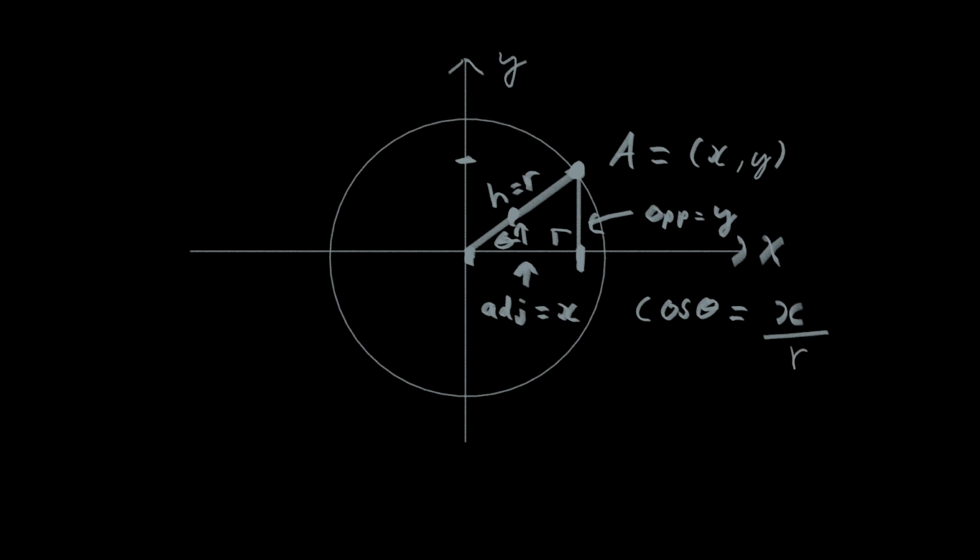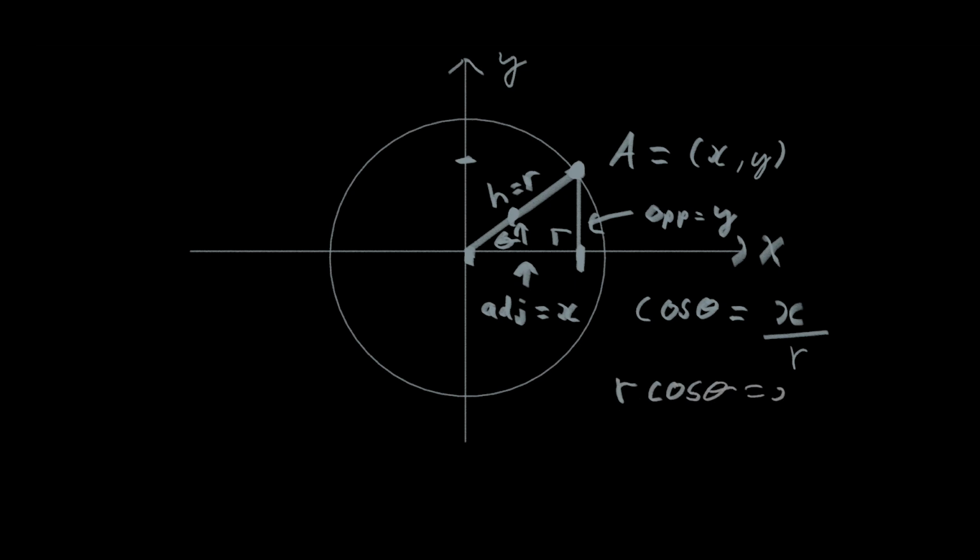So the cosine of theta doesn't equal x anymore, it equals x over r, where r is the radius of that circle, which is not a unit circle. So we can multiply both sides by r, and we get r times the cosine of theta equals x.